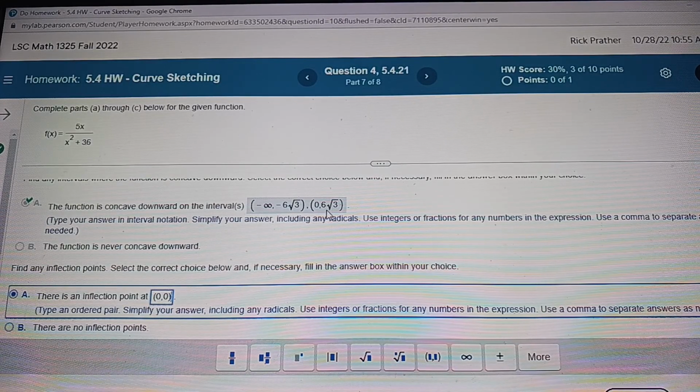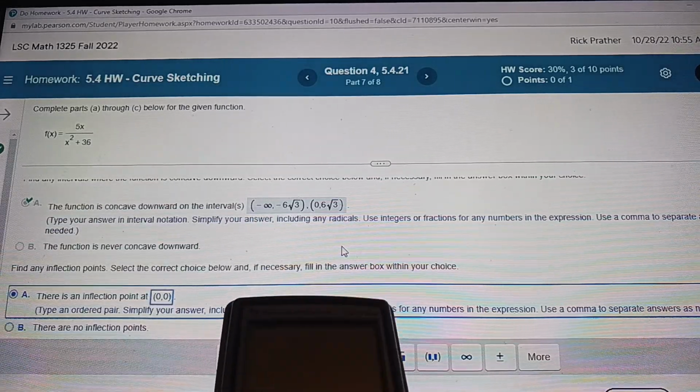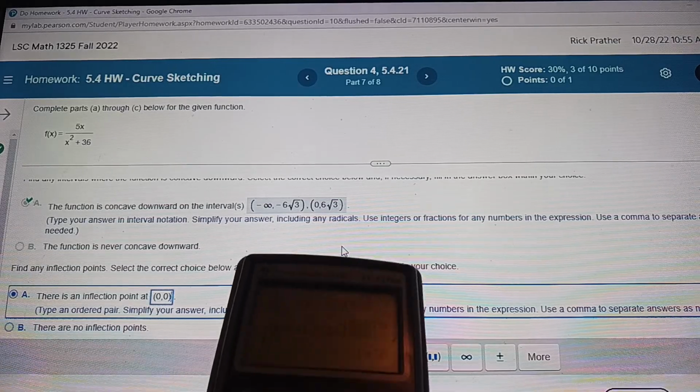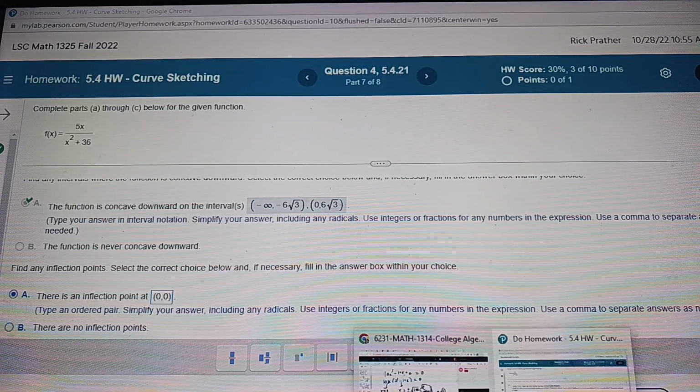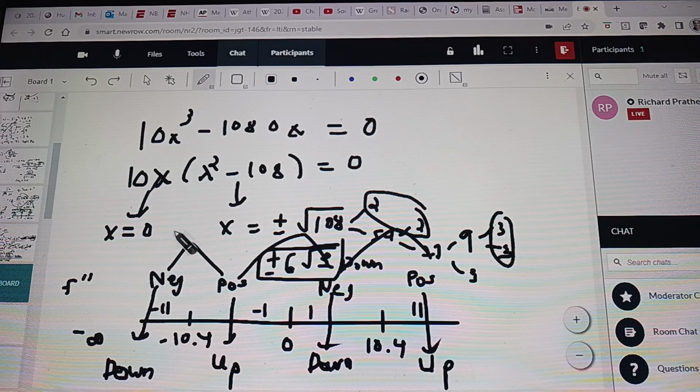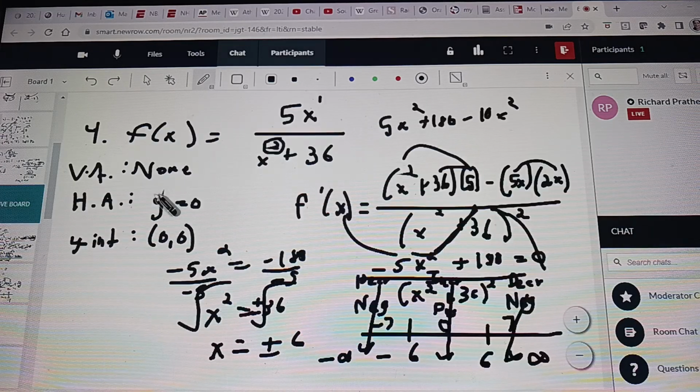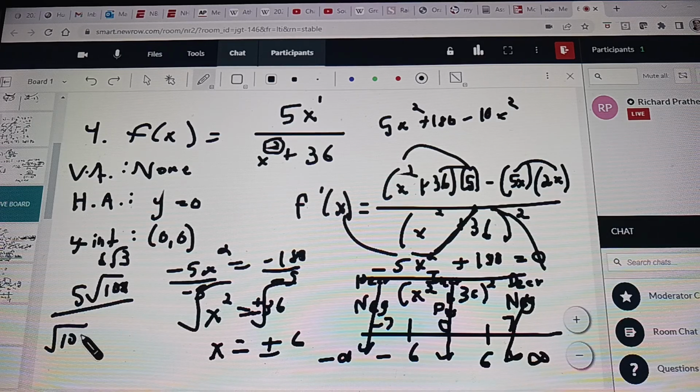If I plug in either 6 square root of 3 or negative 6 square root of 3, we're going to get different answers for those. But think of x squared. Think of 6 square root of 3 as square root of 108, actually. Remember how it was square root of 108? So if I do 5 times square root of 108, that is 6 square root of 3, but I want to plug square root of 108 in for x down here when it gets squared, because that's easy to do then, rather than doing 6 square root of 3, because the square of the square root cancels out.